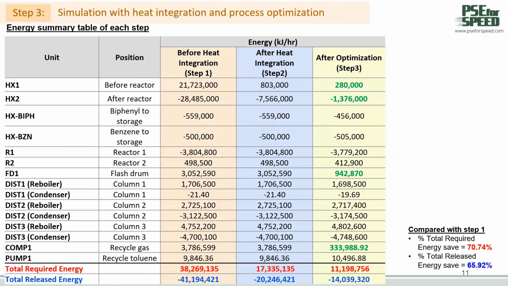This table shows the summary of the energy consumption, in which step 1 is in this column before the heat integration. Step 2, after the heat integration, is shown in purple, and step 3, after optimization, is shown in green. The units that have had their energy significantly reduced after the optimization I have highlighted in green.